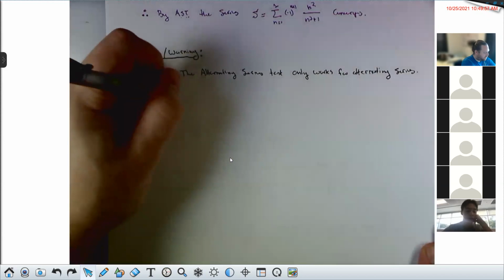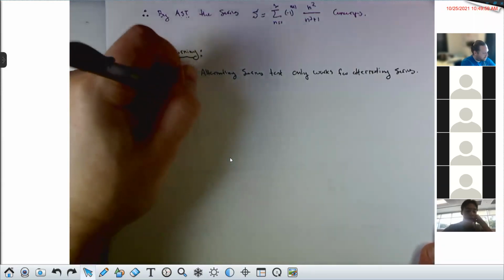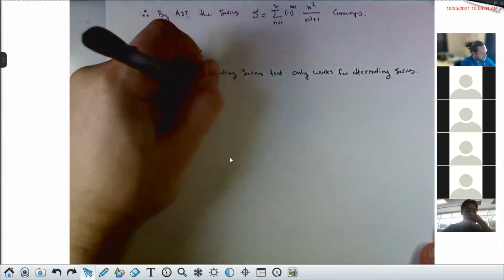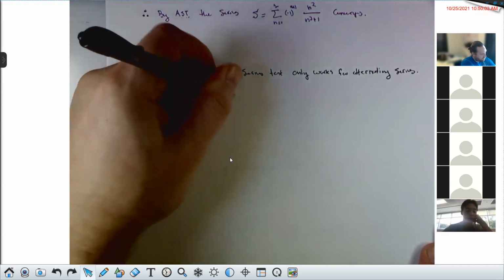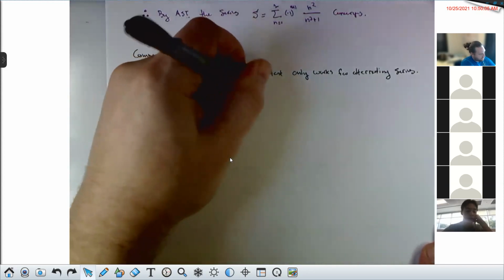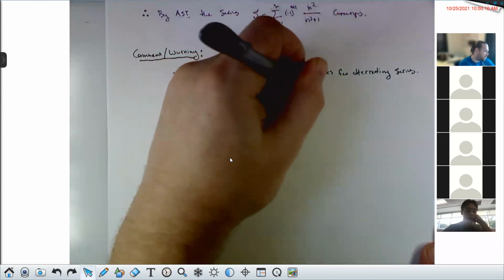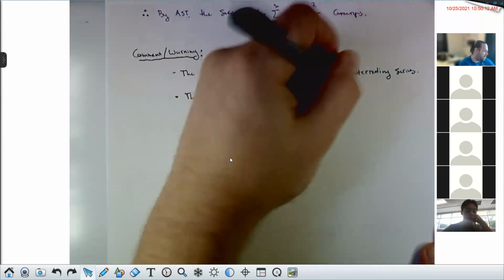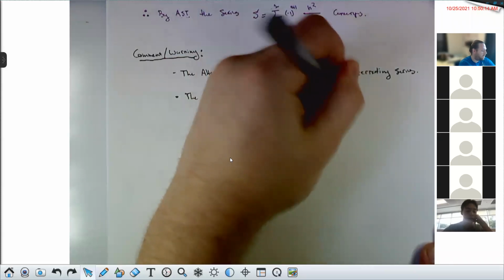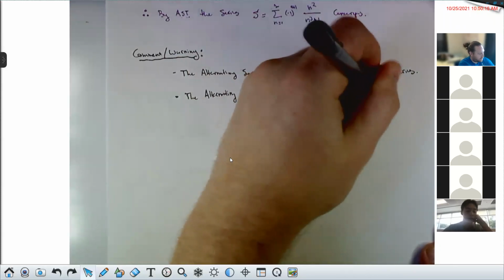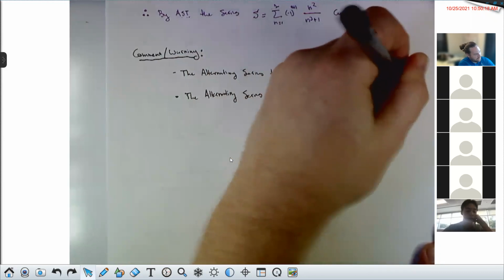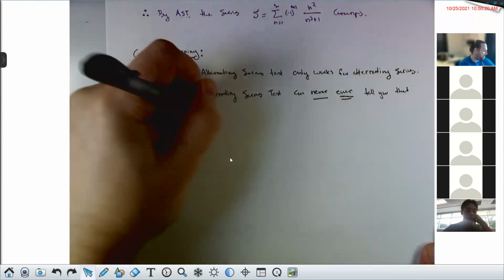The other one, and this is maybe the more important one: the alternating series test can never, ever tell you that a series diverges.